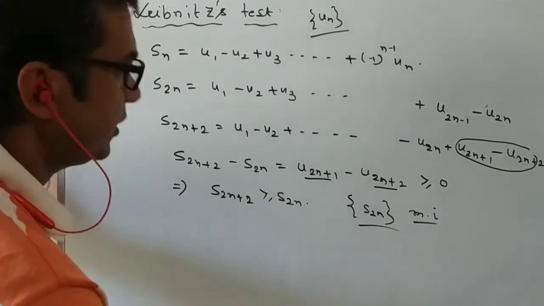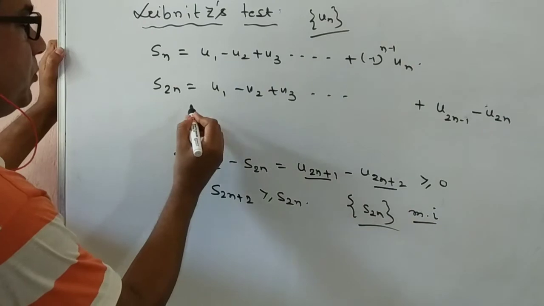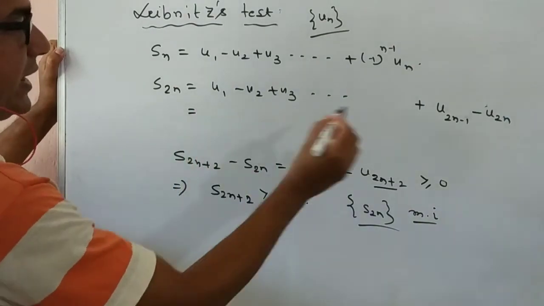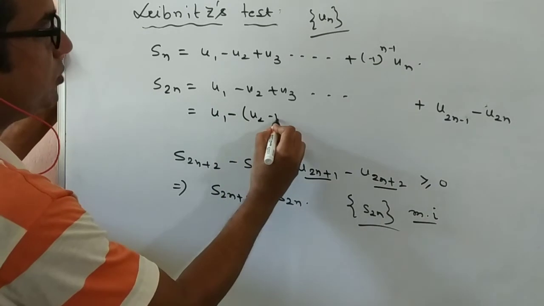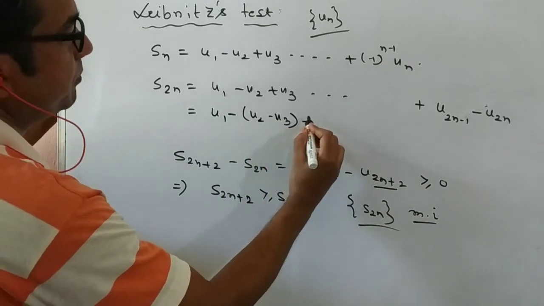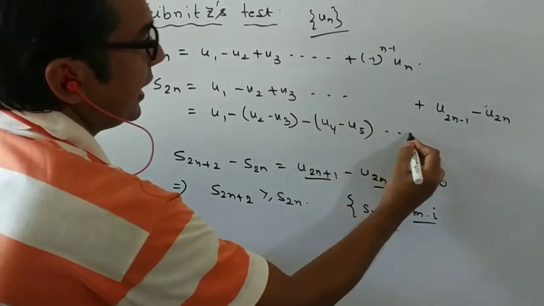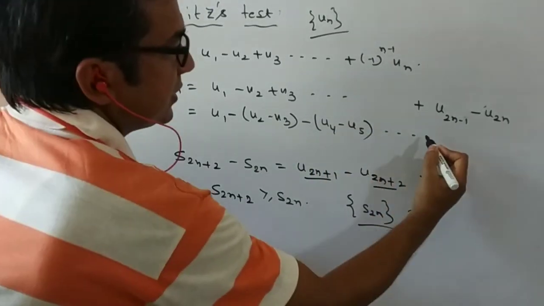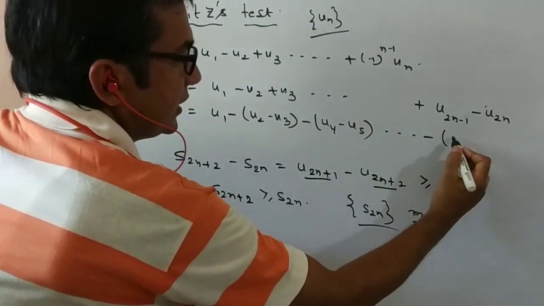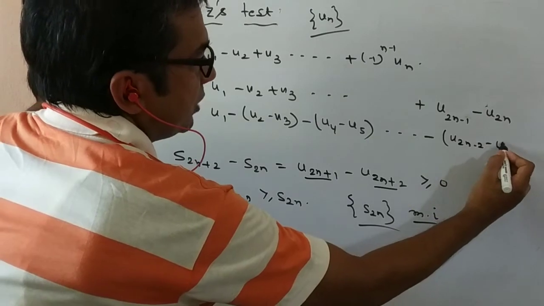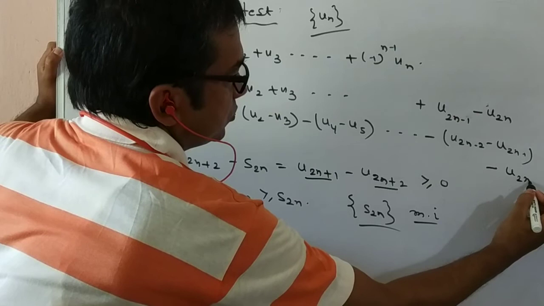Also, from this, if we arrange the terms as u1 minus (u2 - u3) minus (u4 - u5) and similarly minus (u2n-2 - u2n-1) and the last term is minus u2n.